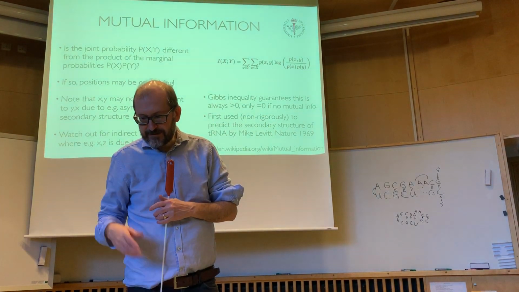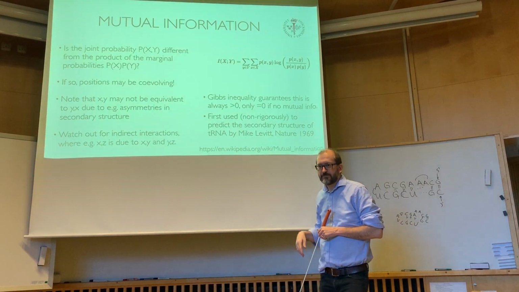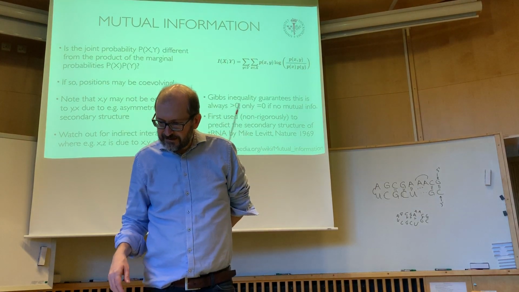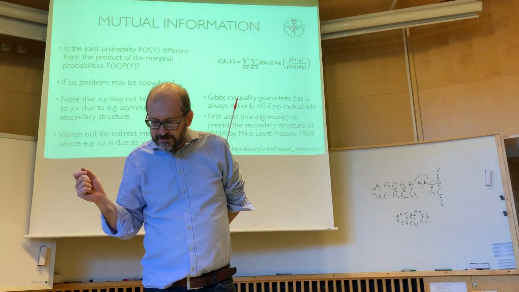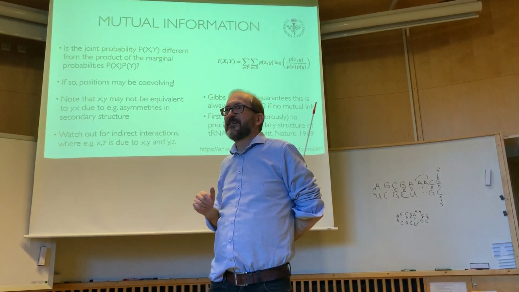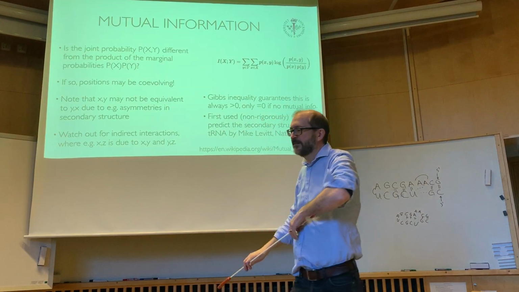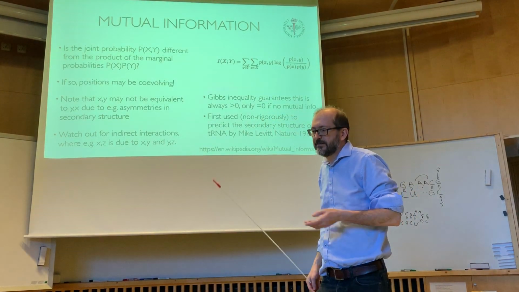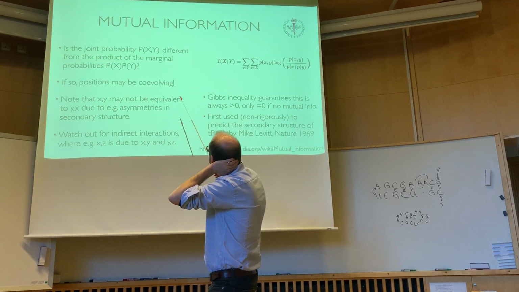But mutual information is the most elegant, and it basically sprang full grown from the head of Claude Shannon, and just works for so many things. There are a lot of things for which it doesn't work, right? It's really crappy for calculating coevolution in proteins. The data is just too noisy for that. But for RNA it works really well.